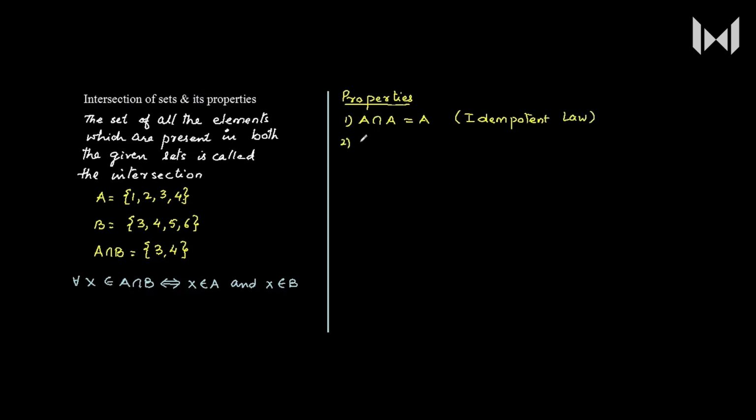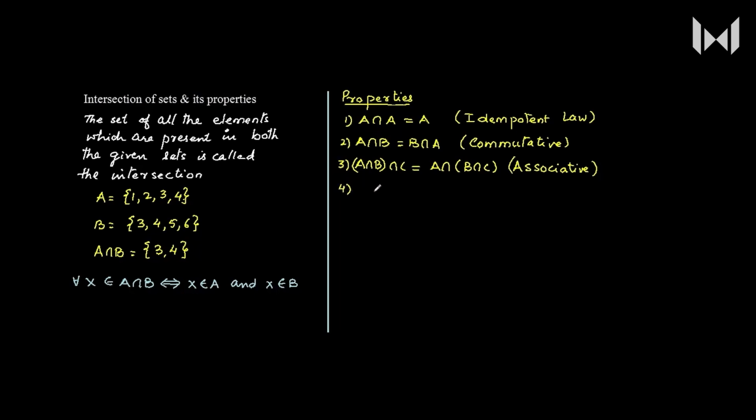The second one is A intersection B is B intersection A. This is what is called commutative law or property. The third one is A intersection B intersection C is equal to A intersection B intersection C, and this is called the associative property.